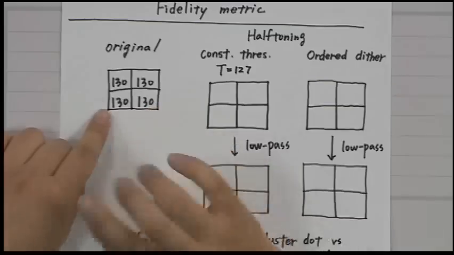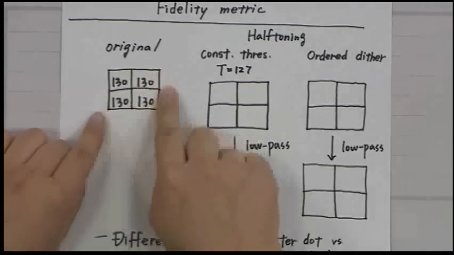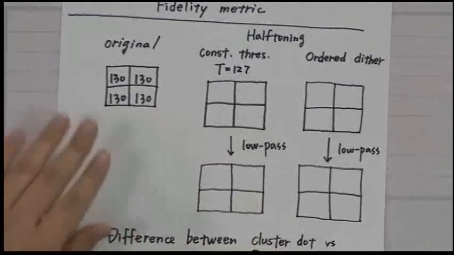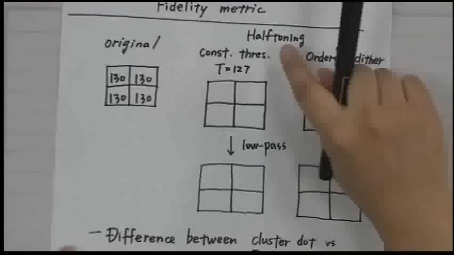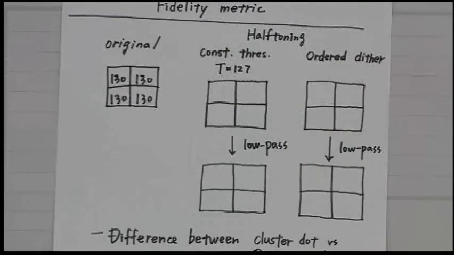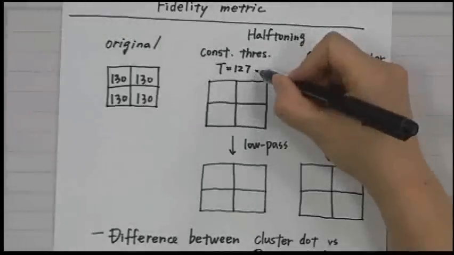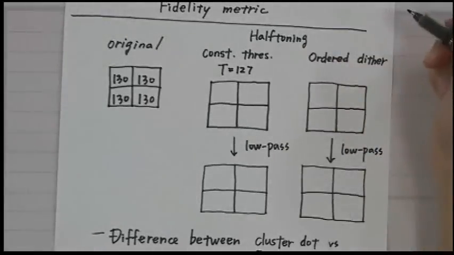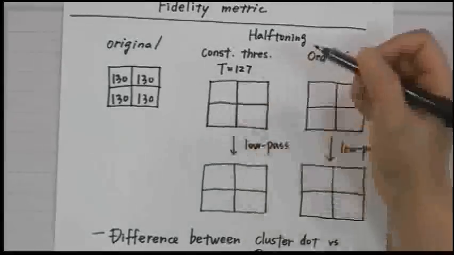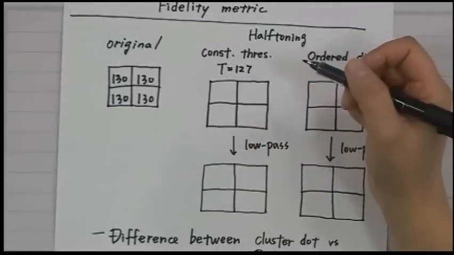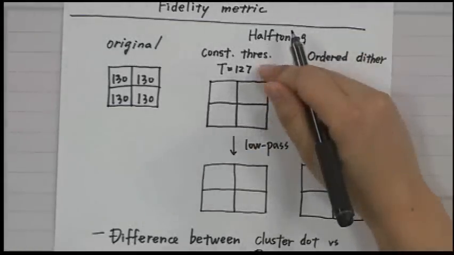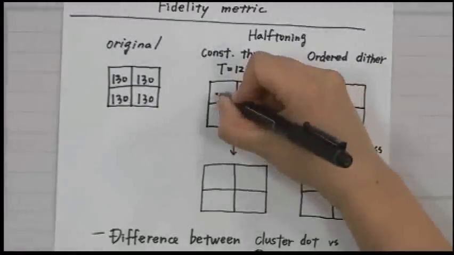This is a mid-gray level uniform patch. Let's apply the constant thresholding method, and we pick T equal to 127. Then what is the output? 130 is slightly larger than 127, so the output is all 255.